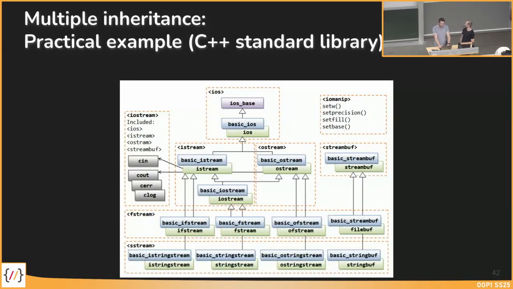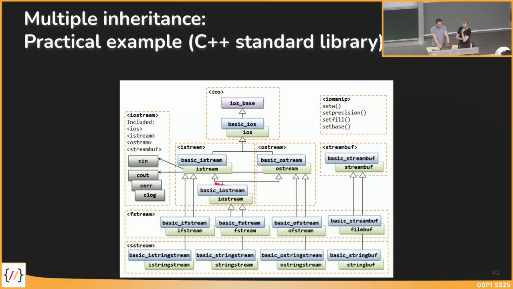This is just an overview, in a UML diagram, of different libraries in C++. There you can see, for example, the input stream and the output stream classes, and the basic IO stream class inherits from both.